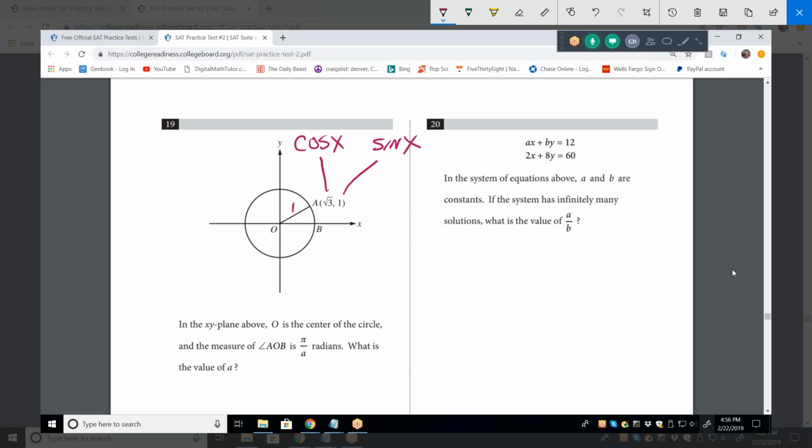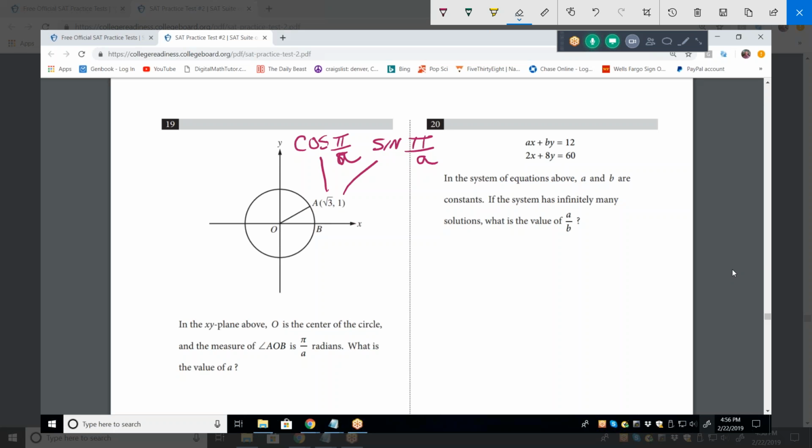And they told us the angle is pi over a. It's not helpful that I called this the unit circle. For one thing, it is not a unit circle, and we know that because the sine is equal to 1.